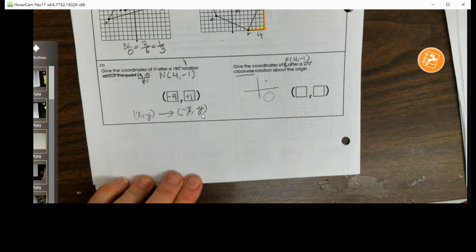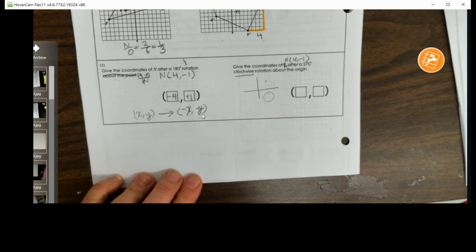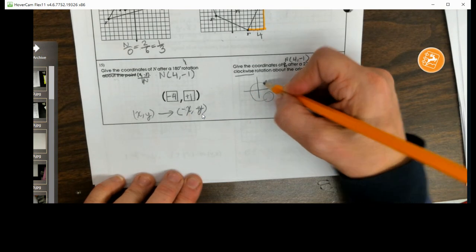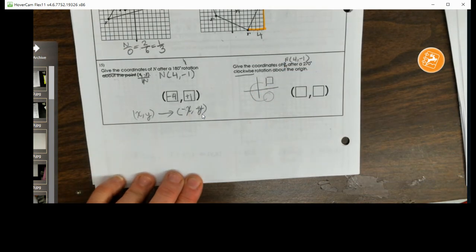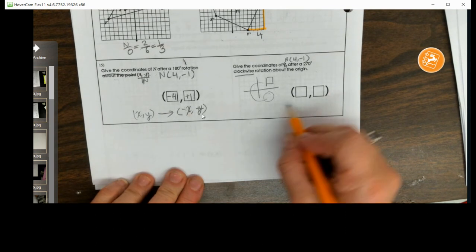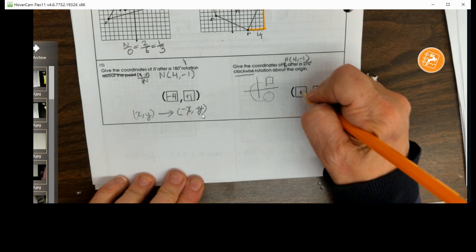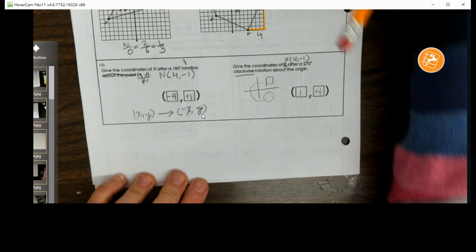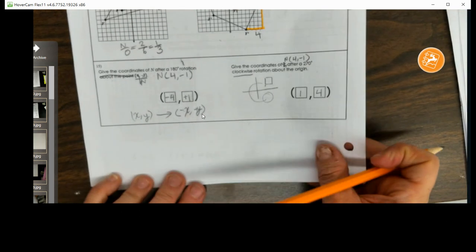It's a clockwise rotation, so I'm going to go 1, 2, 3. I'm going to end up in this location where everything is positive, and I end up with 1, 4, because x and y change positions. Okay? Let's go on to the next one.